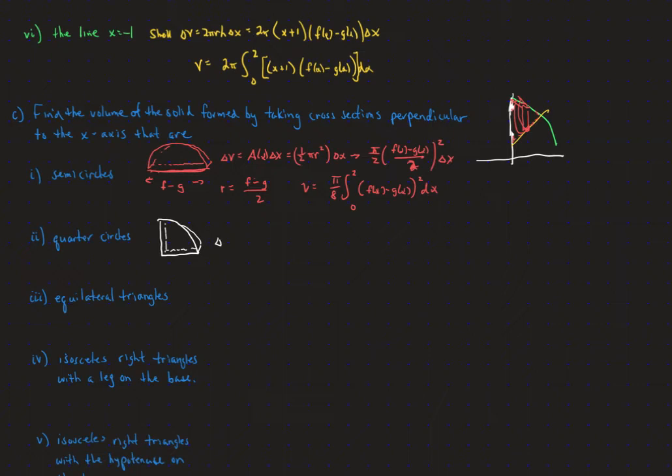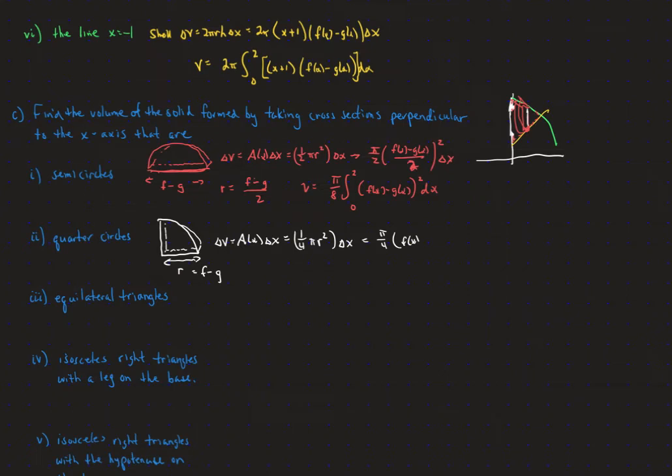So our delta volume is again going to be the area of our cross-sectional piece times delta x. This time we have 1/4 of a circle. That's going to be our area. So that's going to be pi over 4. Now in this case, this distance is the radius, and that's exactly this distance, which is our f of x minus the g of x.